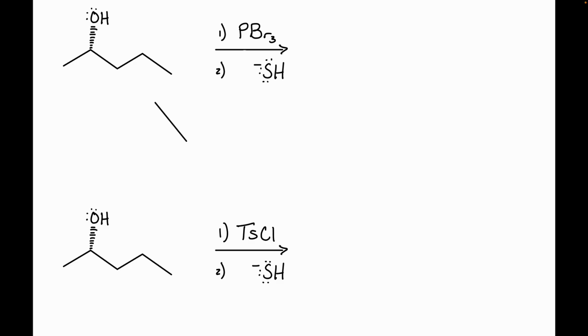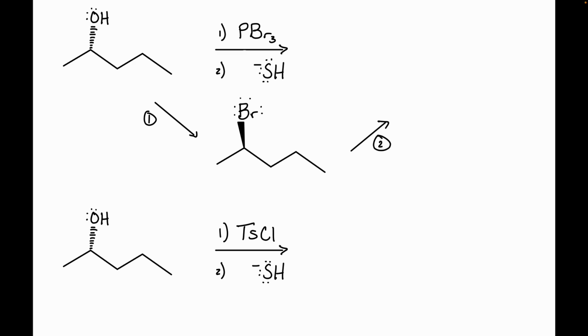If I do this top route here, after that first reaction, what am I going to do to my dash bond? I'm going to flip it to a wedge. And then after I add my nucleophile, what's going to happen to that wedge bond?